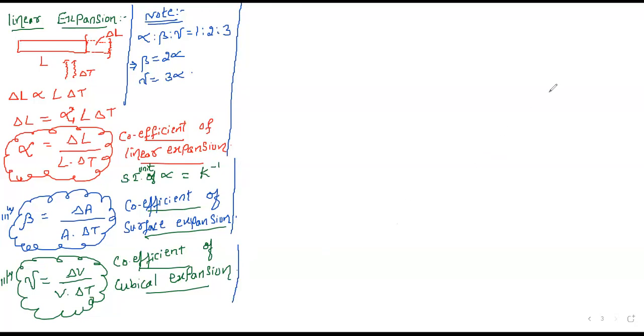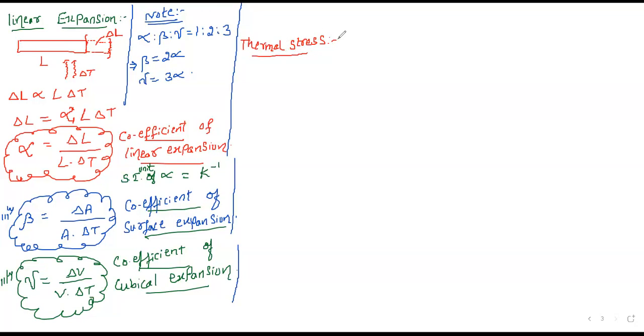Now, you have to know the next concept, students, that is thermal stress. What is the thermal stress?